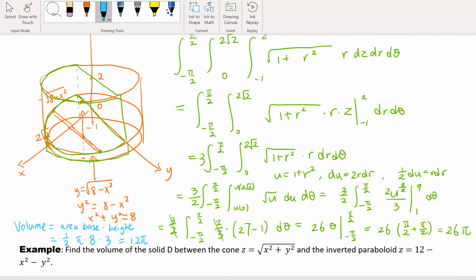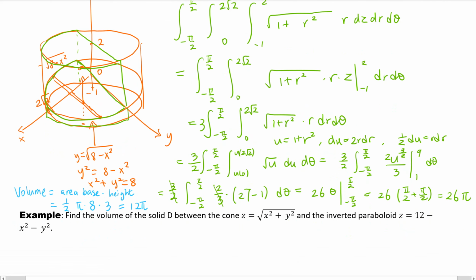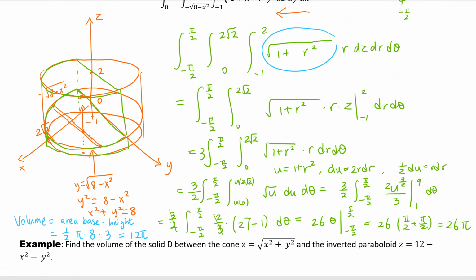So this is the volume. Volume means if we have our integral, and if the inside function equals 1, we will get the volume equals 12 pi. Okay, we're integrating the same thing, but if the inside function is 1, we'll get the volume.